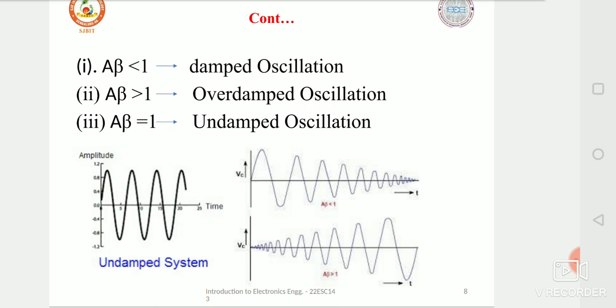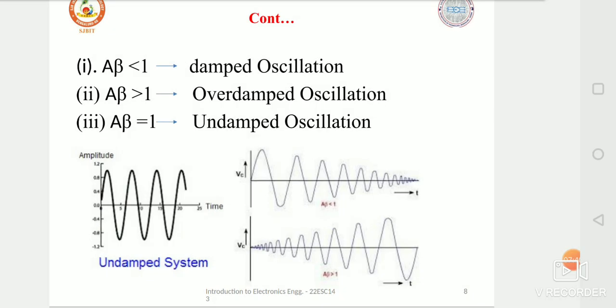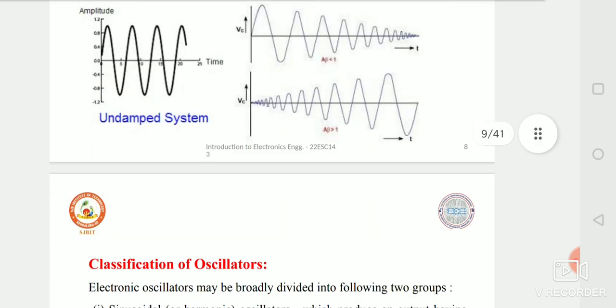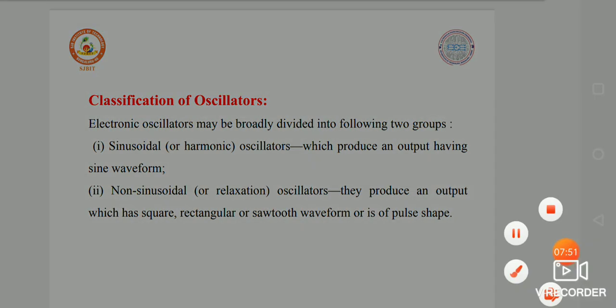In overdamped oscillation, the amplitude goes on increasing. In the case of A beta equal to 1, the amplitude remains the same for a particular frequency. Since an oscillator acts as a generator, it has to generate undamped oscillations.